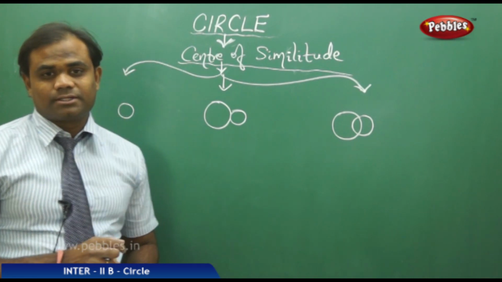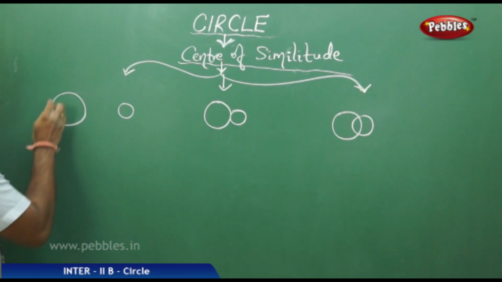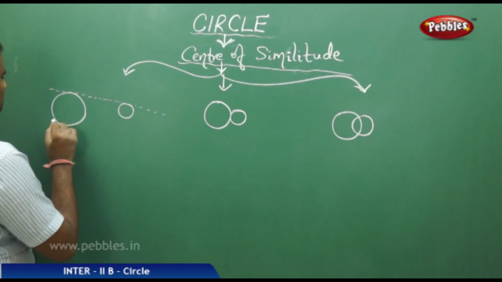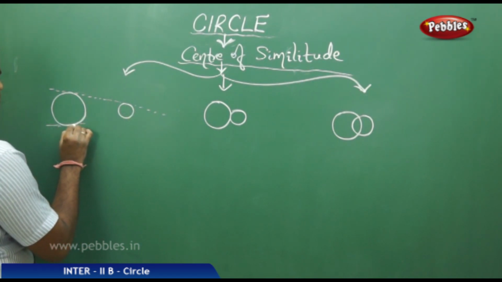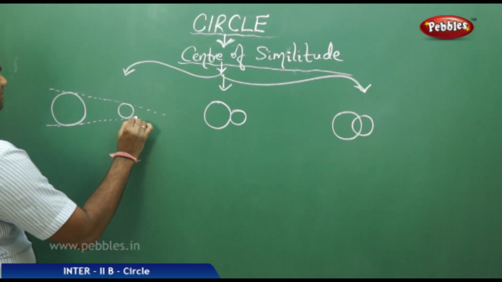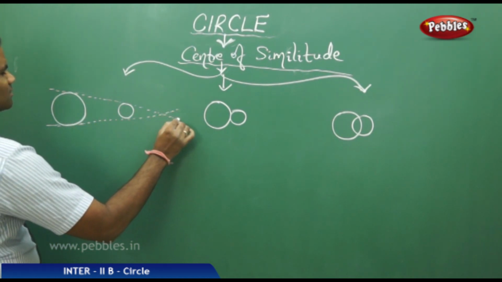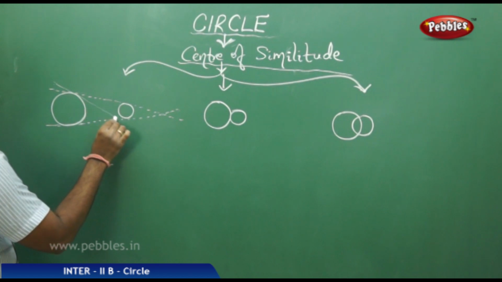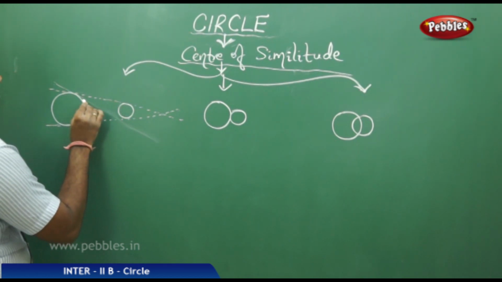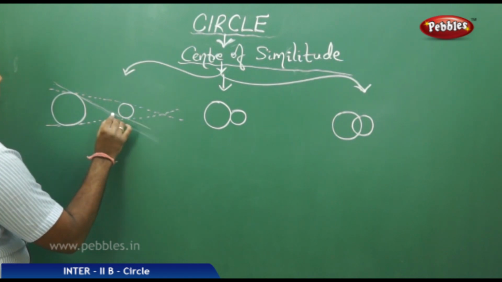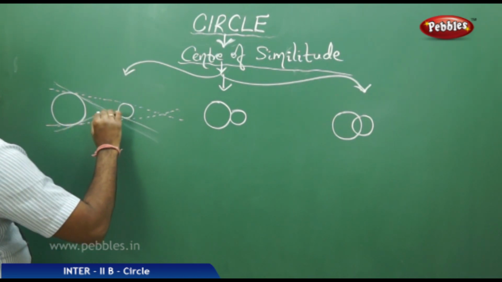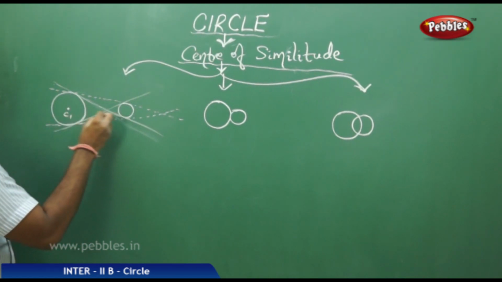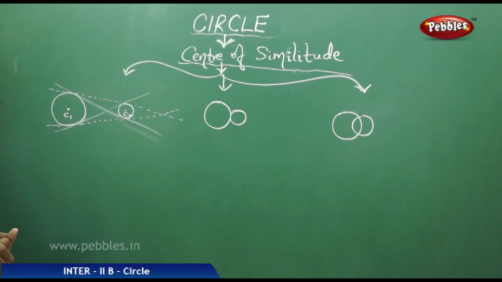One is this, and the other is this. Let me say the center of this circle is C1 and the center of this circle is C2.